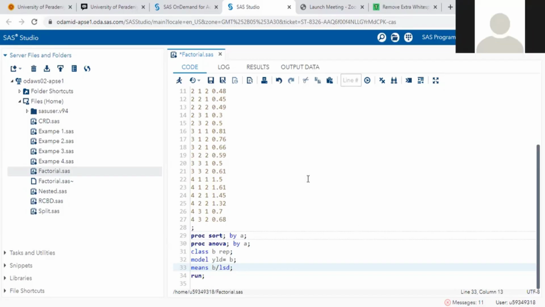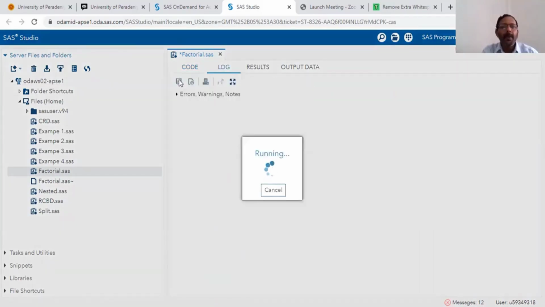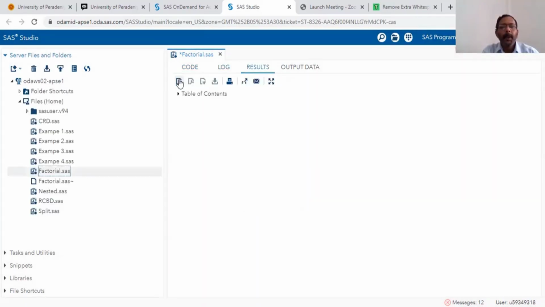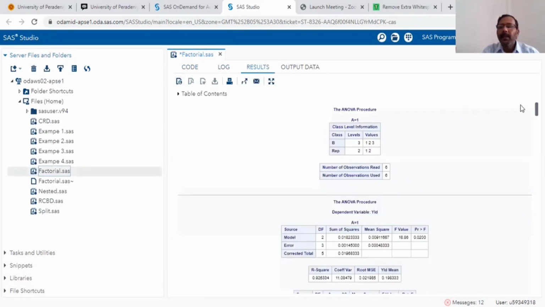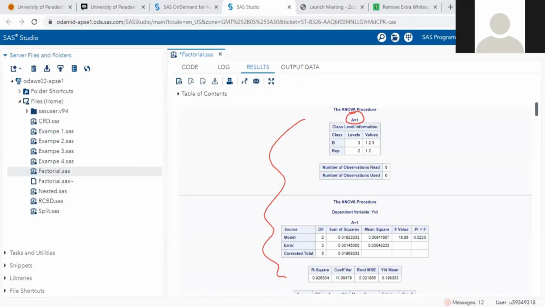I want to run the program, so I'm going to run it and see the output. You will get a lot of information. You see, A is equal to 1. The information here is given for when A is equal to 1. What is A equal to 1? The first level of this program.